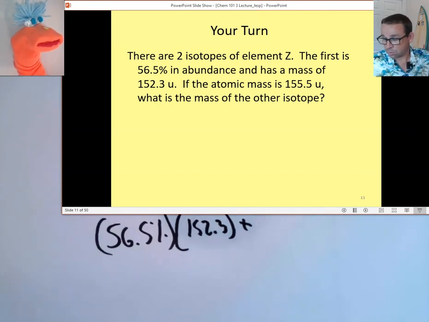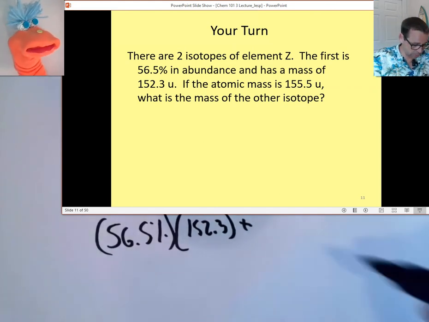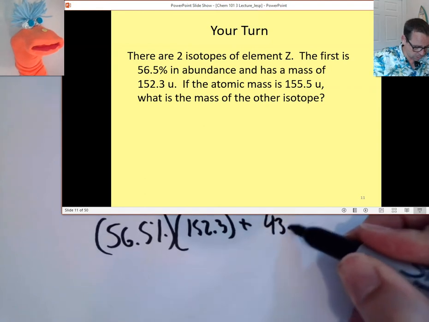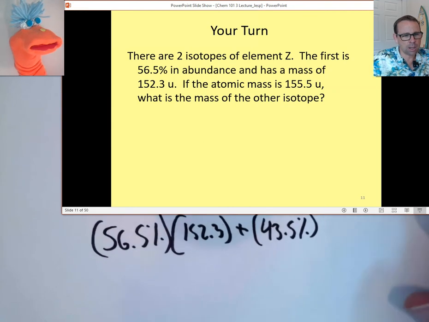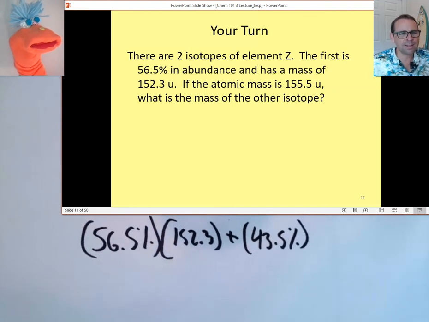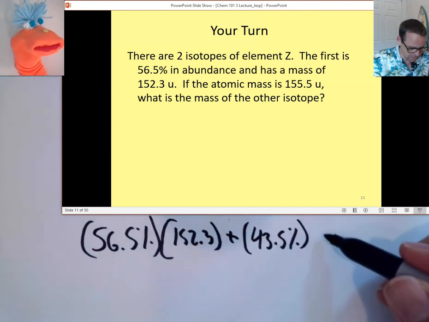Well, it says there's only 2, right? So if I take 100 minus the 56.5%, that will give me my percentage of the other. Oh, okay. What is that? That's 43.5%. And then, what is my mass of my second one?